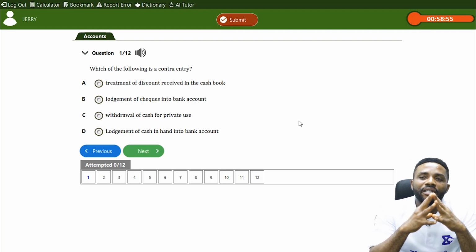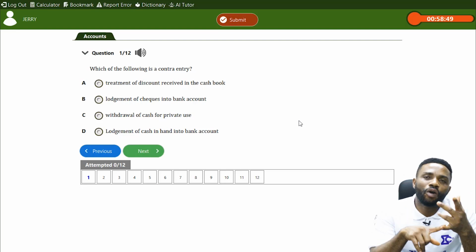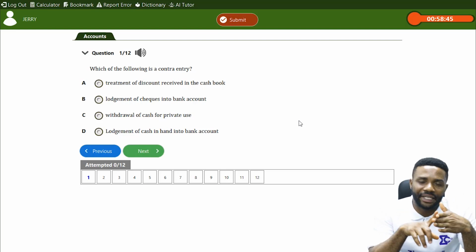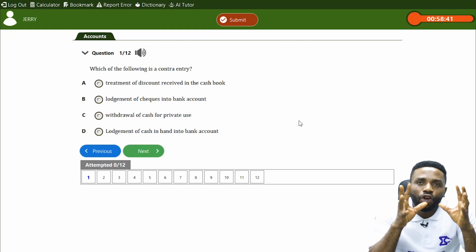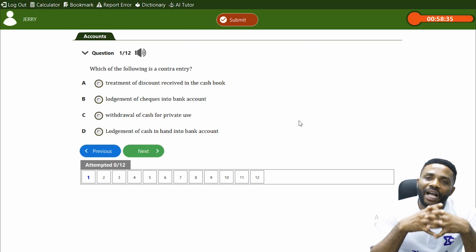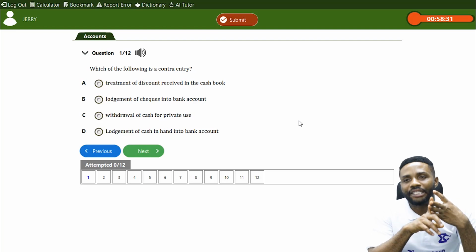Now, the contra entry in the cash book, we have cash book is divided into 1 column cash book, 2 column cash book, 3 column cash book, and petty cash book. In all of this, all these columns are put together in a single account. For instance, when we have 3 column cash book, we have column for cash, column for bank, and column for discount.